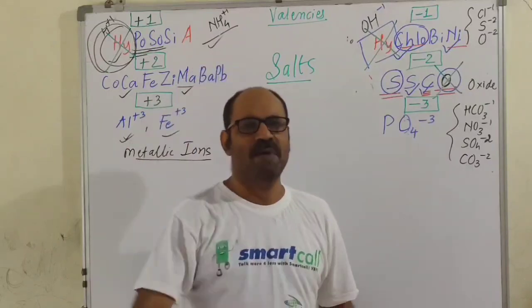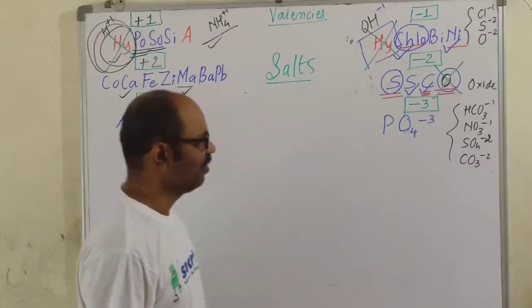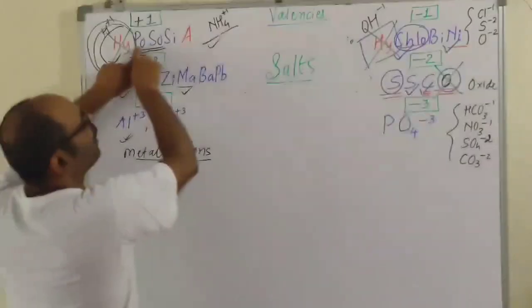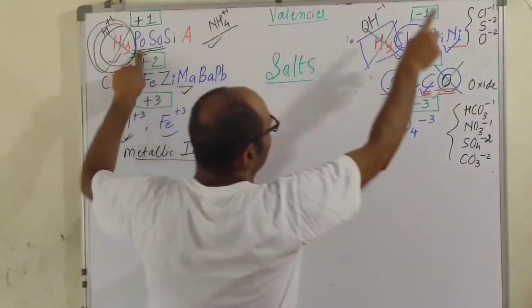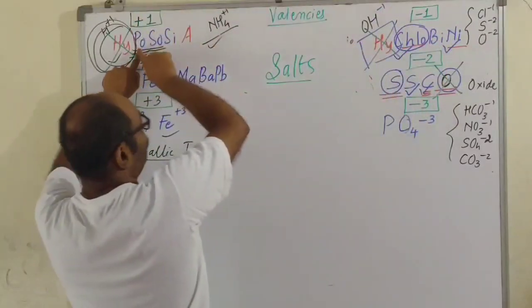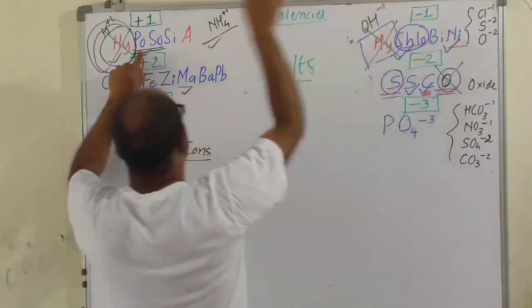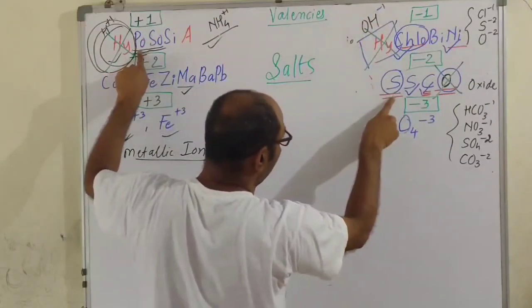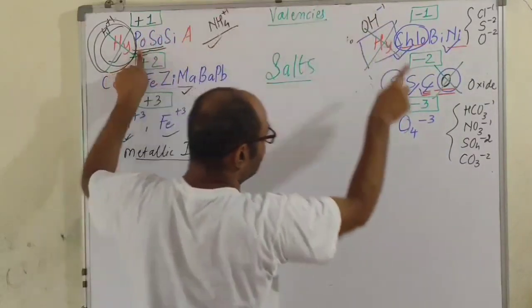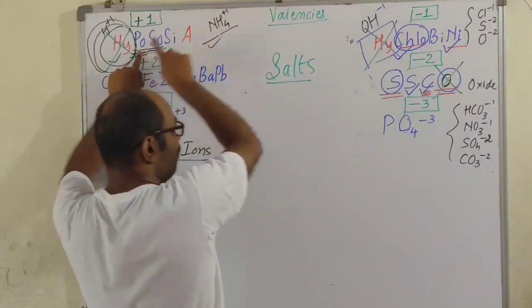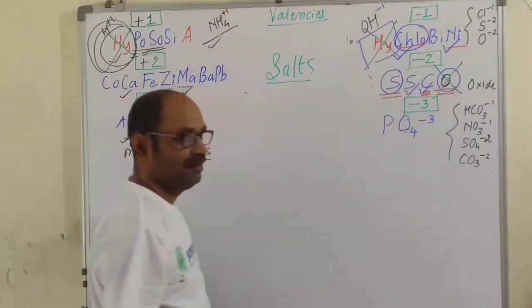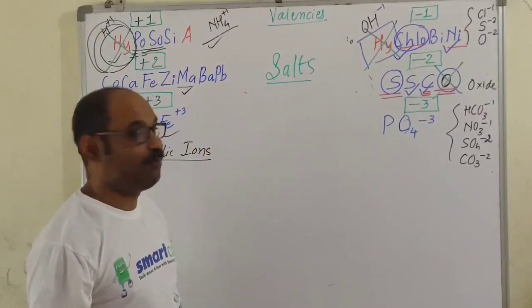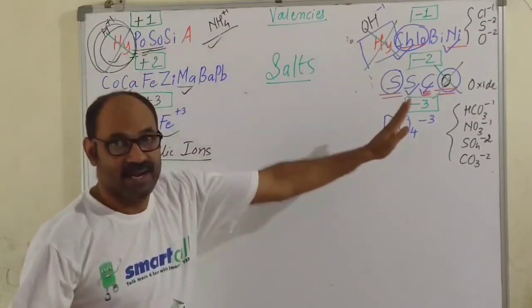अब आपको जो मेटल चाहे ले लो. पोटेशियम क्लोराइड, पोटेशियम बाइकार्बोनेट, पोटेशियम नाइट्रेट, पोटेशियम सल्फाइड, पोटेशियम सल्फेट, पोटेशियम कार्बोनेट, पोटेशियम phosphate. These are salts formed with potassium and negative ion.